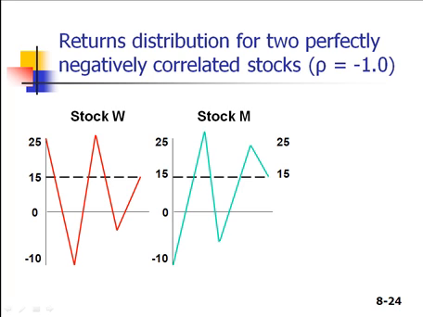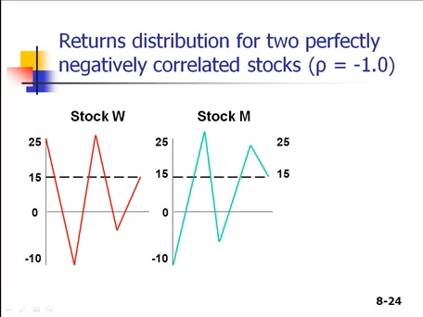So this means that when one stock has an above average year, then the other one has a below average year, for example. And furthermore, since it's perfect negative correlation, the stocks behave in relation to each other in a perfectly predictable way.